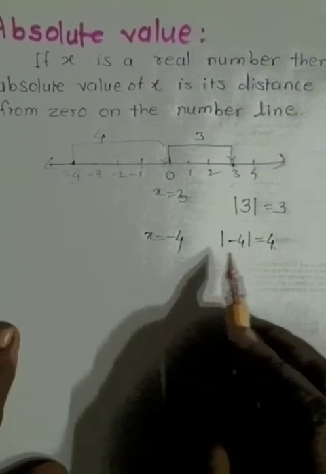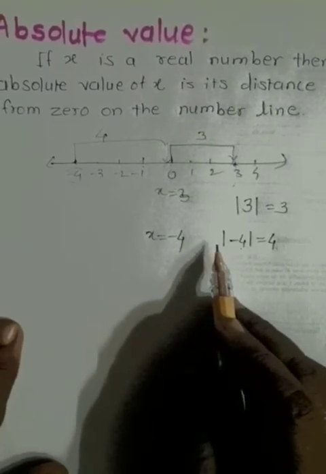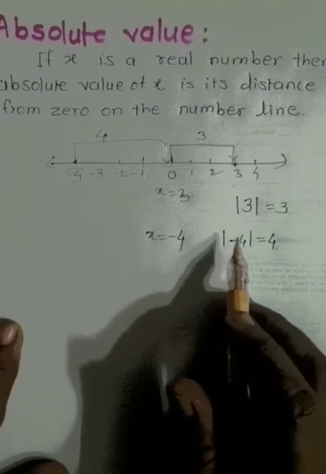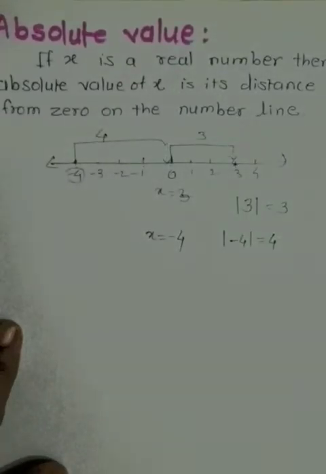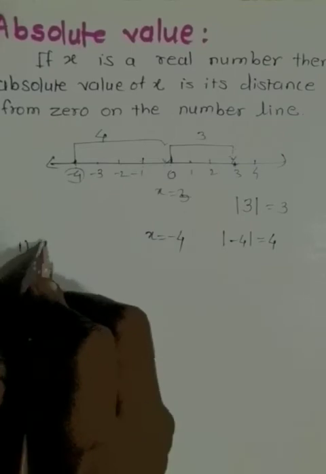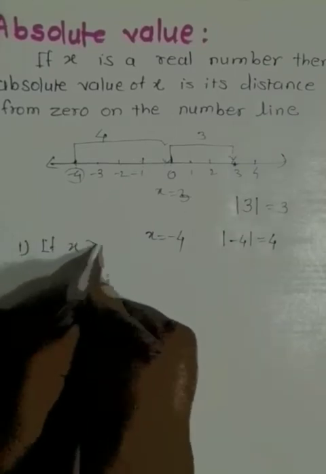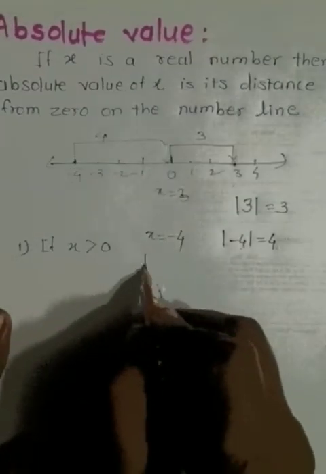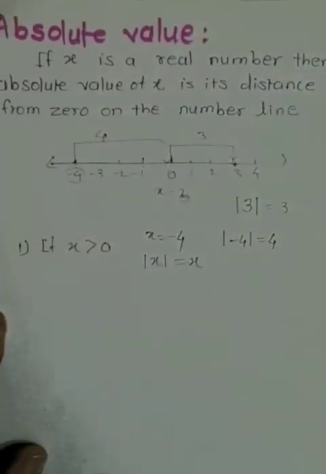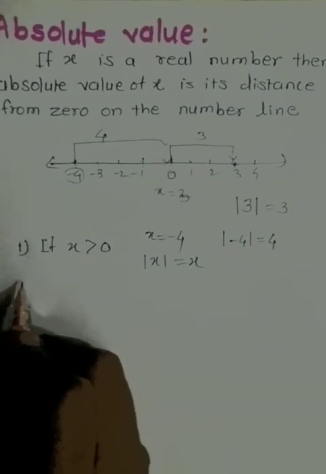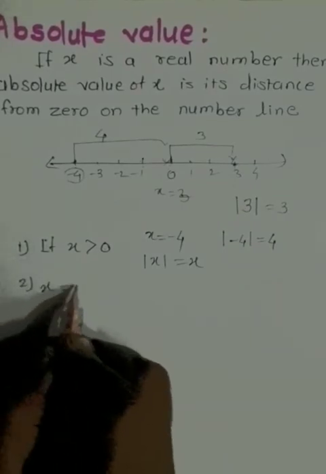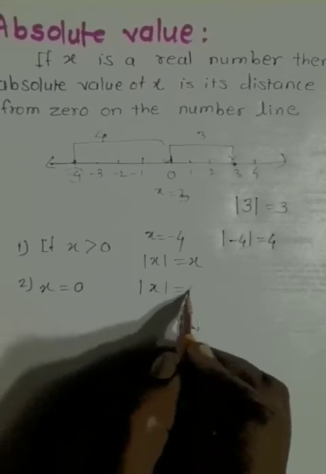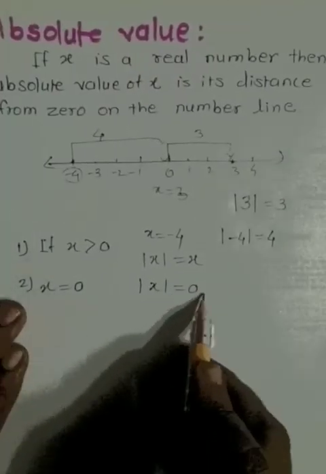It is also called absolute value or modulus; these are two names for the same concept. Now, what are the properties of modulus? The first property: if x is greater than 0, meaning x is a positive number, then the modulus of x is equal to x. Second, if x is equal to 0, then the modulus of x is 0, because the modulus of 0 is 0.